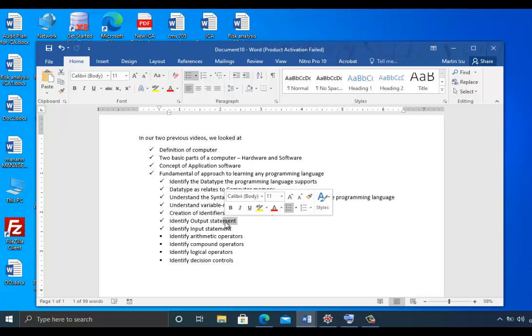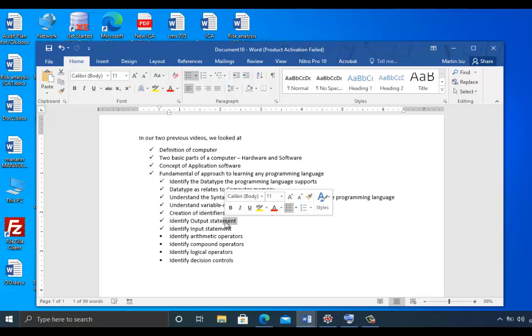Then lastly, we also looked at the input statement. How do we get input data from the user during runtime? When the program is being executed, we can receive input data through the basic input device, which is the keyboard.